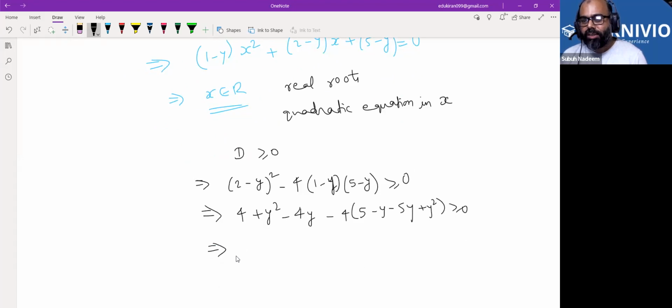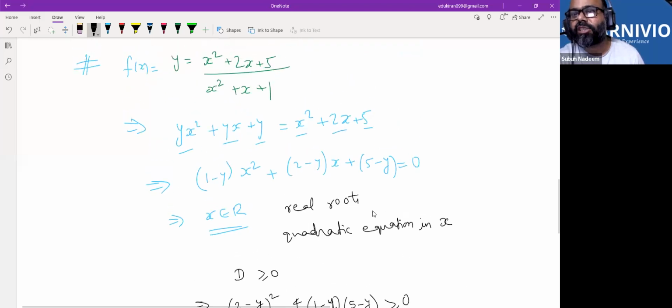In the next step, we take y square minus 4y square as minus 3y square and then minus 4y. Why did we cross multiply here? Because we want to make it a quadratic equation in x. Then we can say that x belongs to real numbers, so it has real roots. And if it has real roots, then the discriminant is greater than or equal to 0.